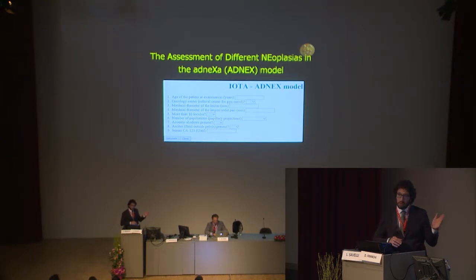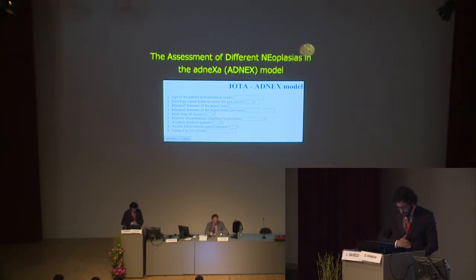You have heard in a couple of lectures yesterday that there are 3 clinical variables. One is the age of the patient, one is the type of center in which the ultrasound is performed, and the third is the level of serum CA125. All the other 6 variables are related to the ultrasound features of the mass.